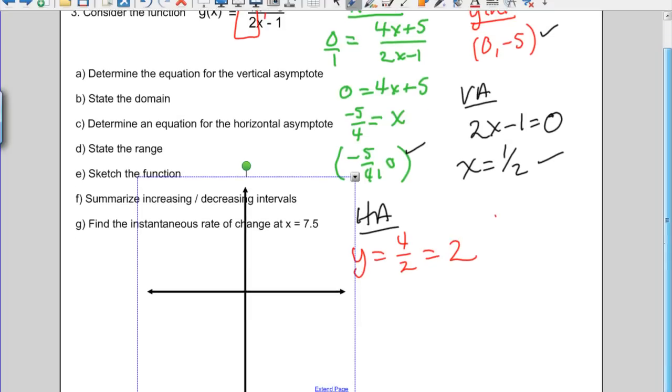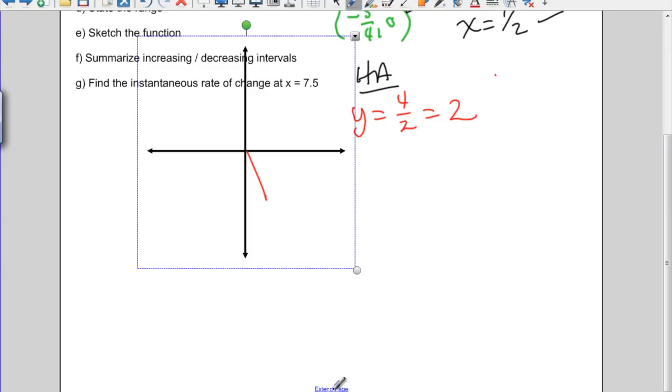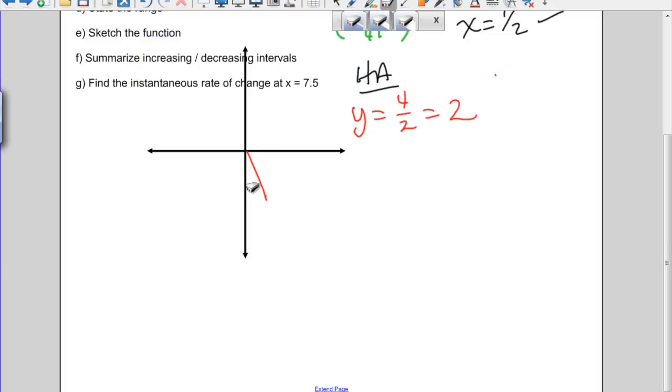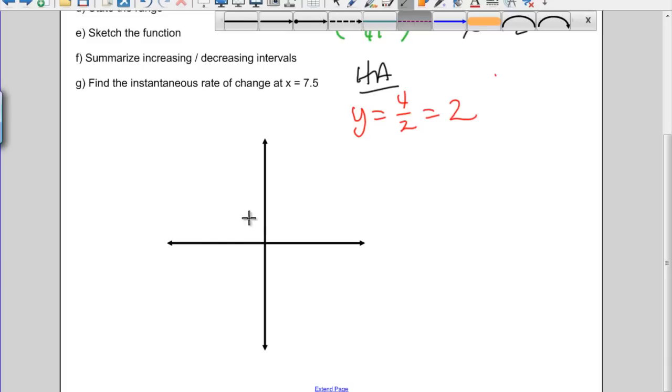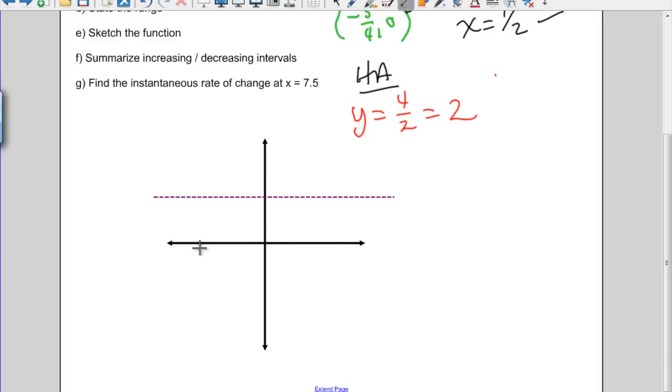So let's start with our horizontal and vertical asymptotes. The horizontal asymptote is located at 2, so that we're now not at 0 anymore. And the vertical is that x is equal to a half.